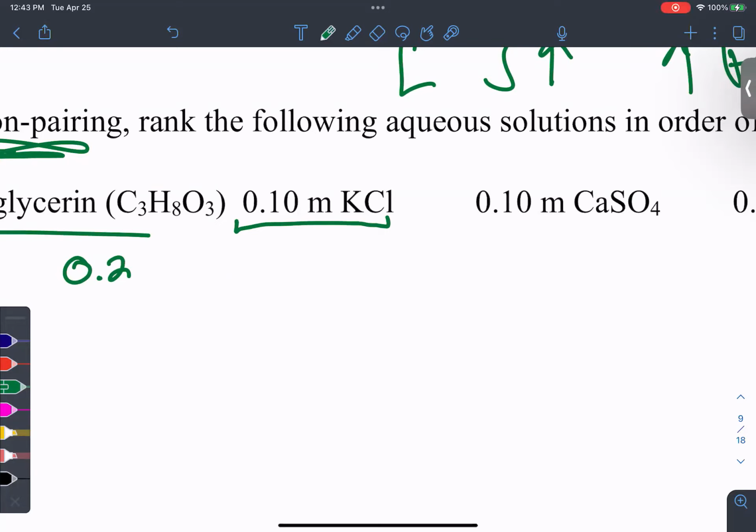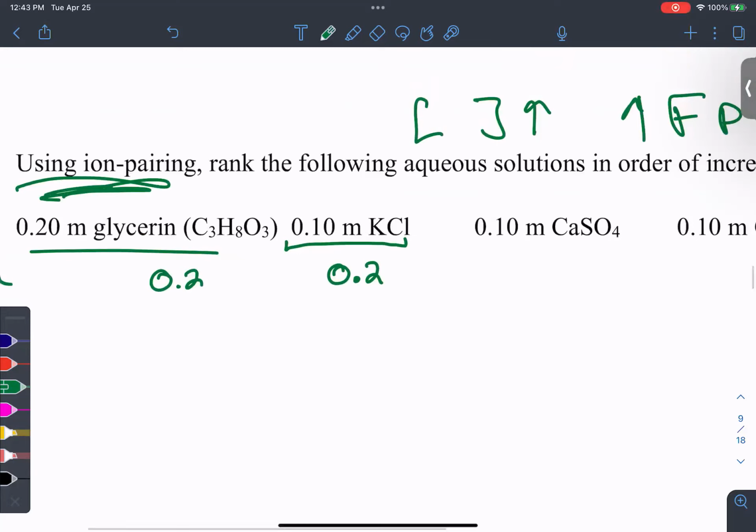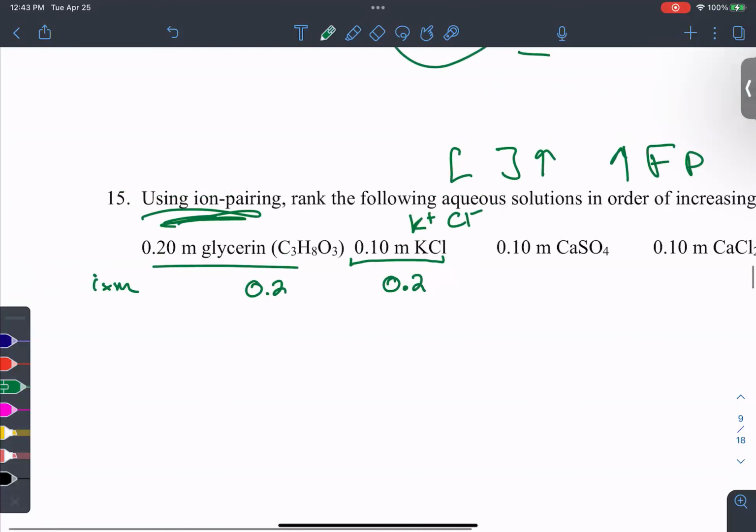So its I times M is 0.2, right? Because potassium chloride, when you stick that in water, it doesn't stick together. You separate potassium plus cations and chloride minus anions. You put one thing in water, you get 2 things out. So you get twice as much ions dissolved. So the I times M product here is 0.2.